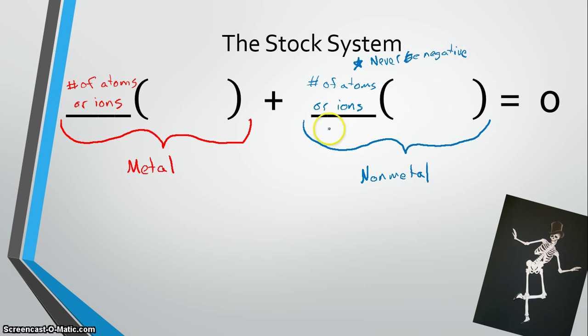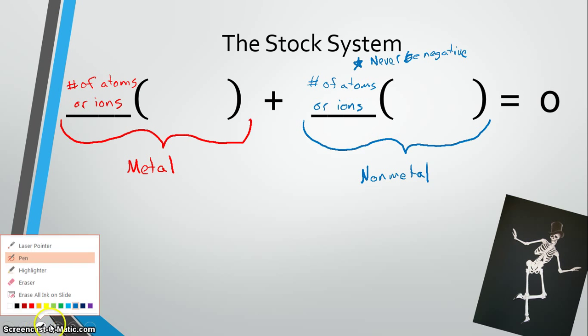And that should make sense, right? I can't have a negative number of atoms or a negative number of ions. It just doesn't work that way. I can't have negative matter. So these numbers, both in the metal slot and the non-metal slot, have to be positive.